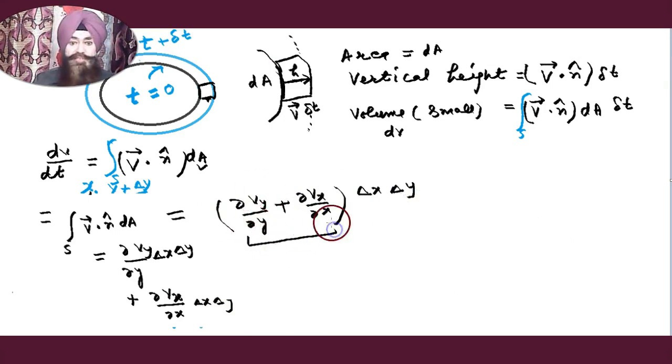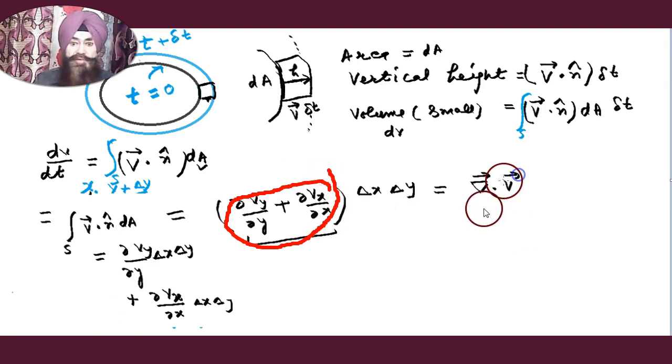Now what this factor is: if I consider it in 3 dimensions, similarly we will write it like the divergence of V. When you open the divergence, you get the same in 3 dimensions.